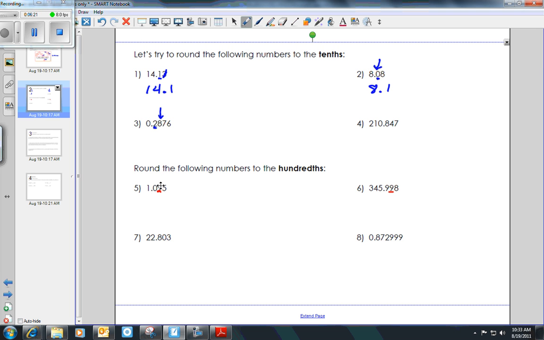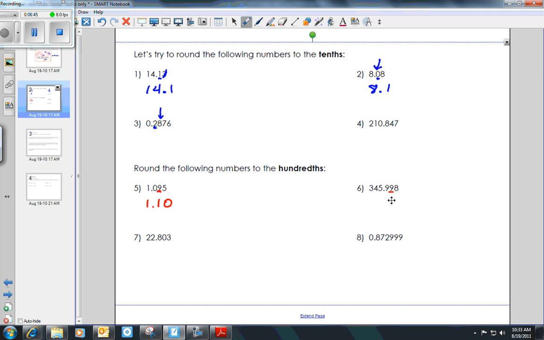So if I add 1 to 9, I get 10. So when I write this out, it's going to be 1 and 10 hundredths. I'm going to keep this 0 because the 9 became a 10, so I keep that as 10. But I drop the 5 off. I no longer put a 5 on the end.